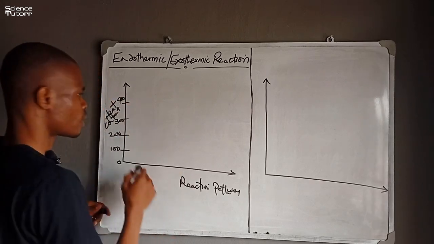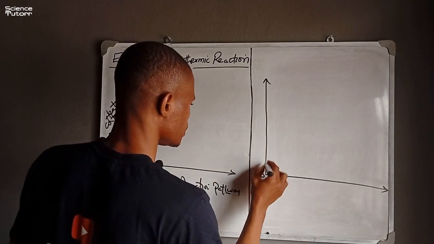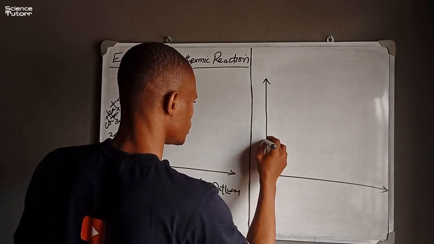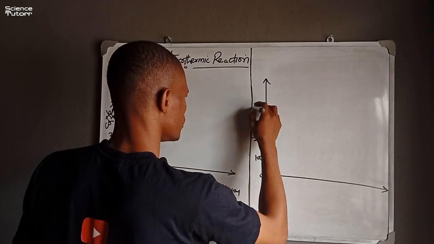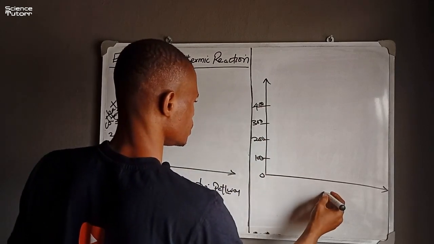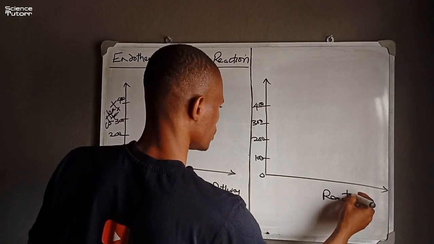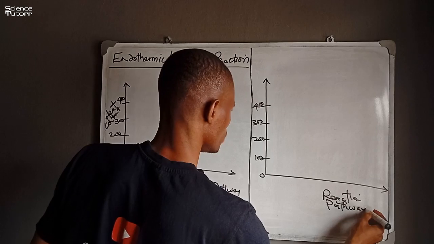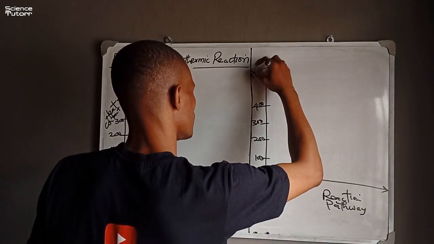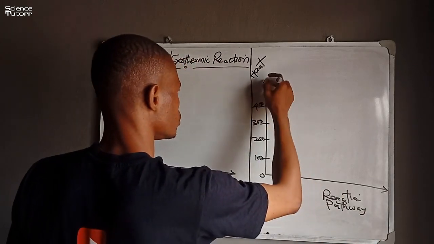Okay. Now the same goes here: 0, 100, 200, 300, and 400. This is our reaction pathway. Temperature, reaction pathway, and then this is our heat in joules.